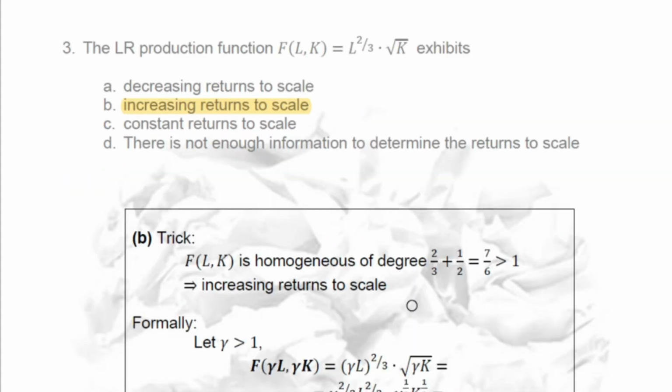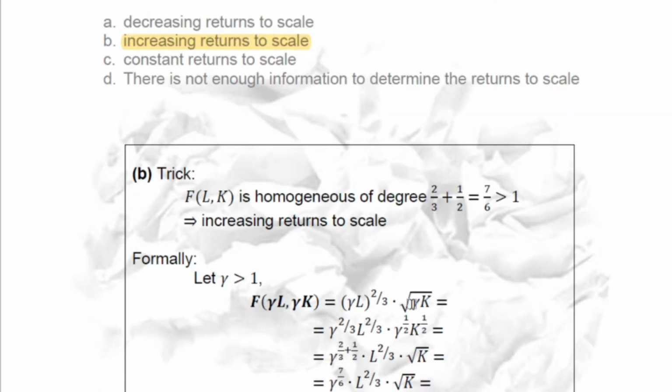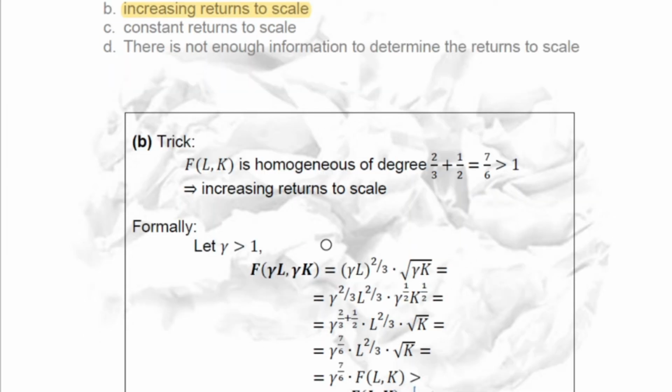In these easy cases, it's not necessary to use the definition for the returns to scale. If we did it, we should do it like this. Let gamma be a number greater than 1. We have the function, but now not using L and K units of input, but gamma L, gamma K. Okay, we've increased the use of L and K at the same rate.